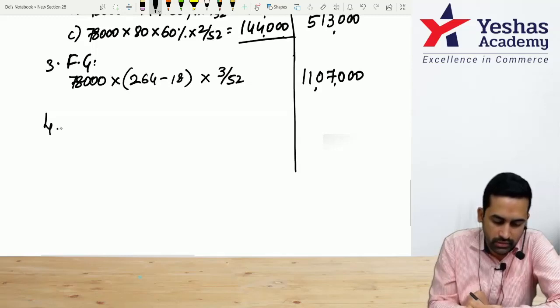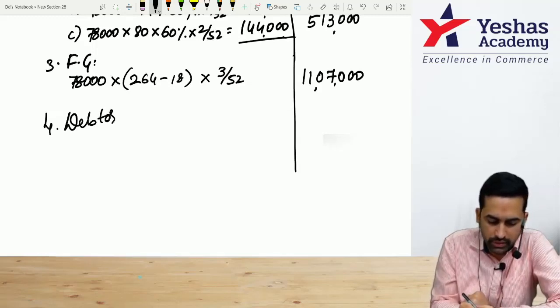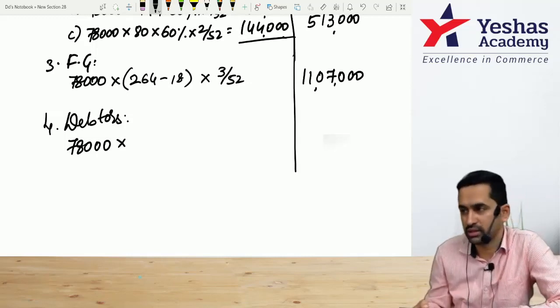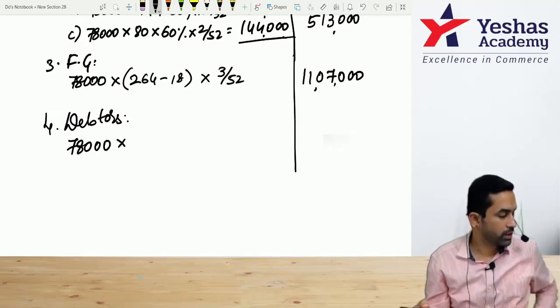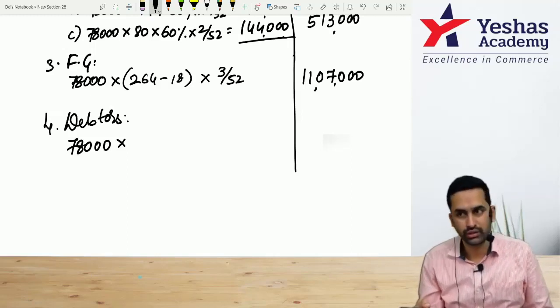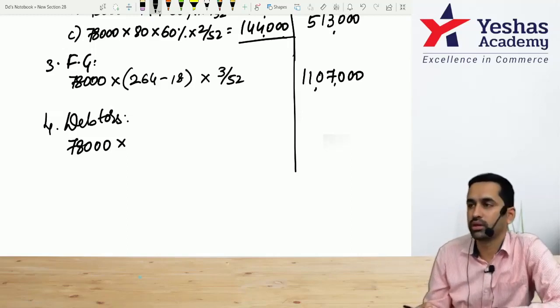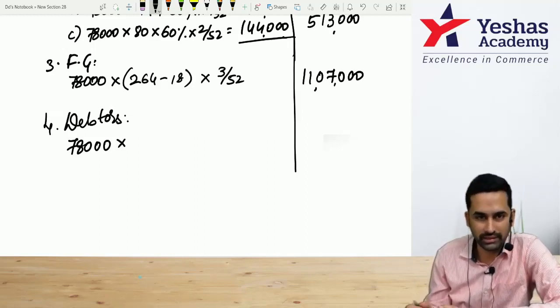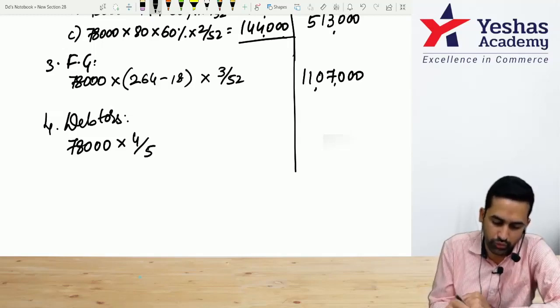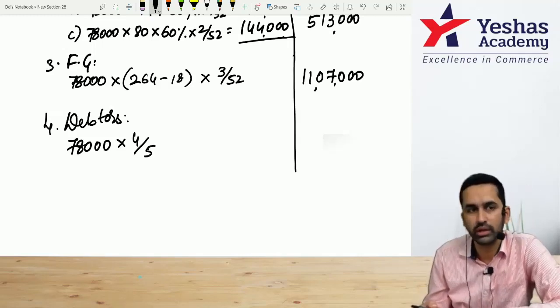What next? Debtors. But debtors, when you do remember, out of 78,000 units that you are selling, as per the question, you are doing 1/5 on cash. Balance is on credit. 1 by 5 is what? 20%. That means 80% is credit sale. So either you do into 4 by 5 or you do 80%.